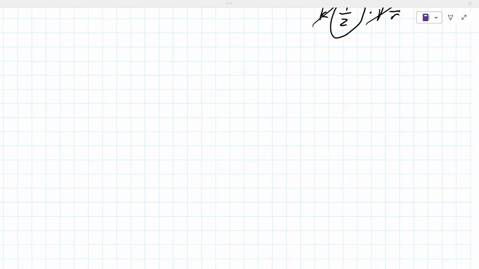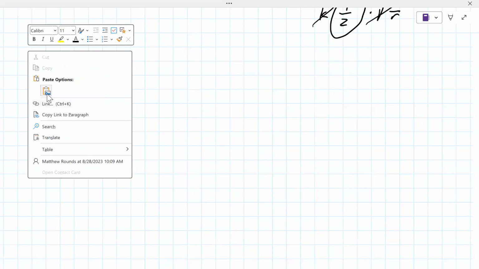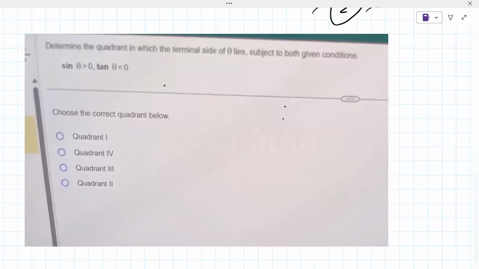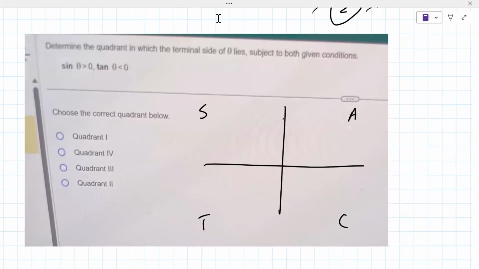So we kind of talked about how it's like a light switch or a binary thing here. You have A, S, T, C: A meaning all positive, S means sine positive, T means tangent positive, C means cosine positive.